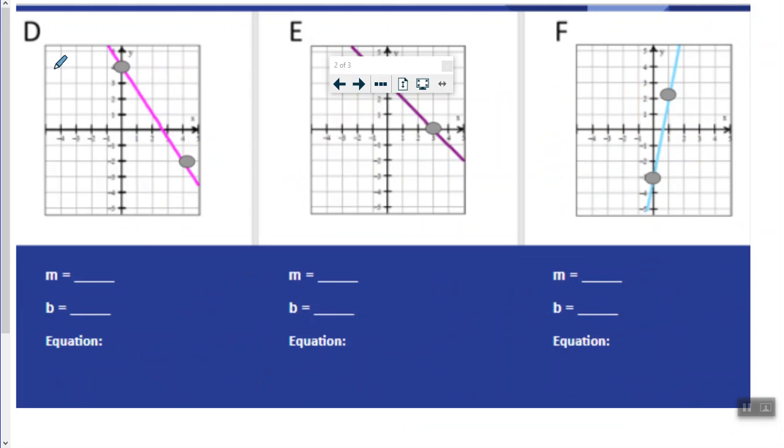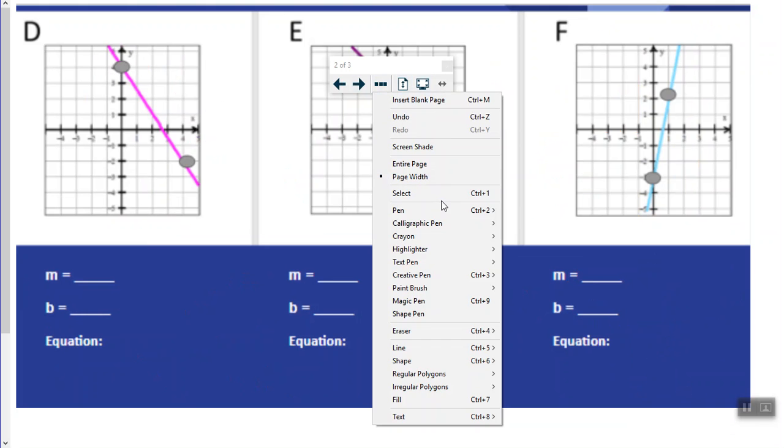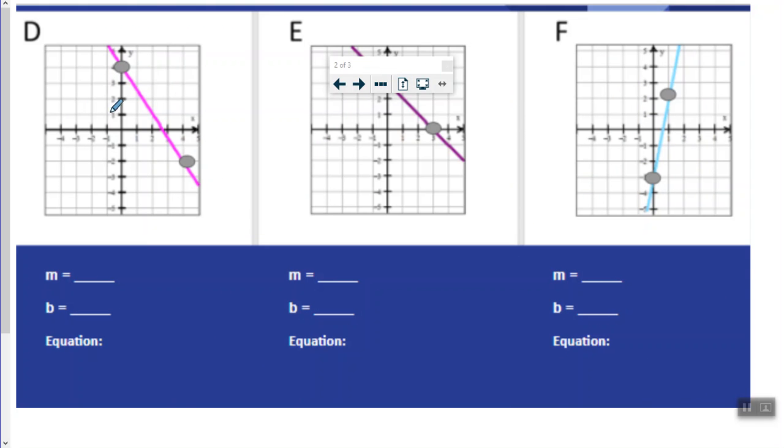Let's do D. Okay? First, we're going to do M. Okay, remember M is slope. We start here and we end here. First, we have to count how many spaces do we go up. 1, 2, let's see. 1, 2, 3, 4, 5, 6.